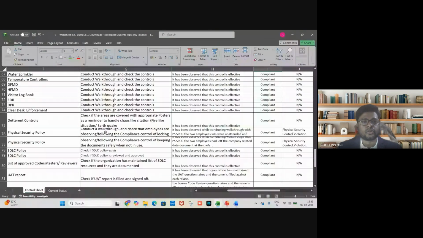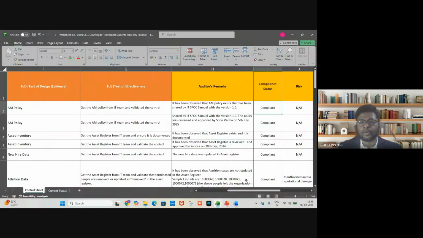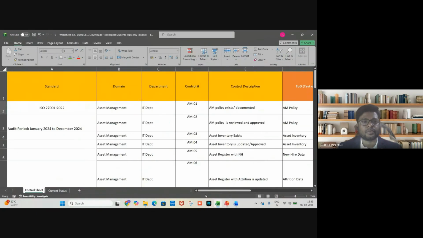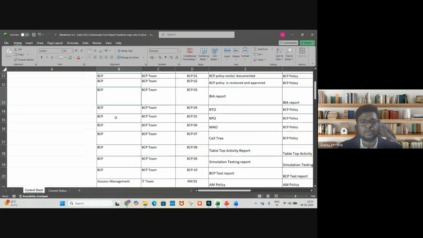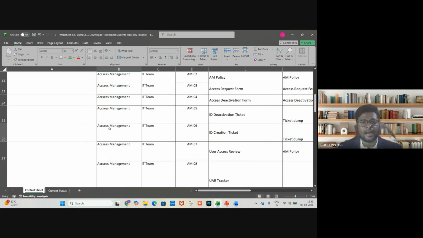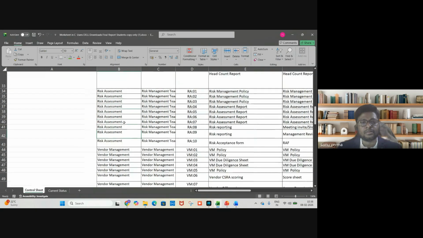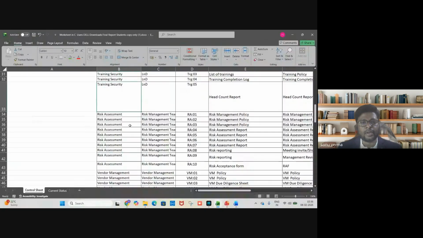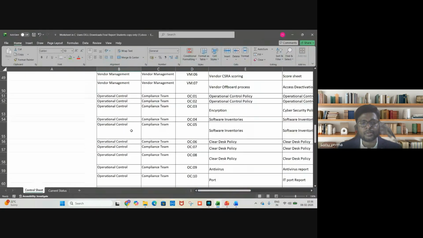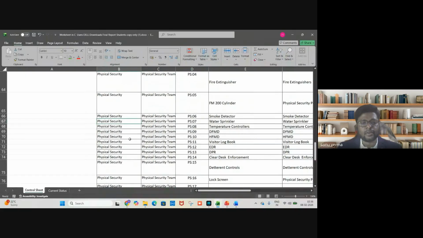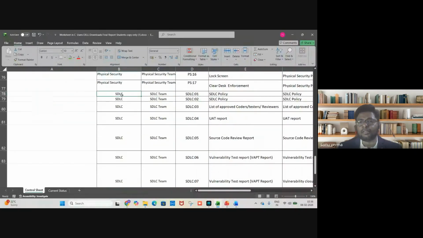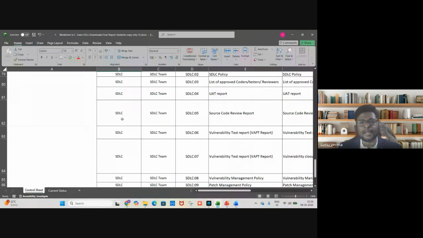This is the control sheet, okay, of the ISO 27001 audit, where we will teach you how to audit access management, business continuity, asset management and access management, vendor management, risk assessment, training audit, physical security audit, software development lifecycle, that is an application security audit, including the complete agile process.